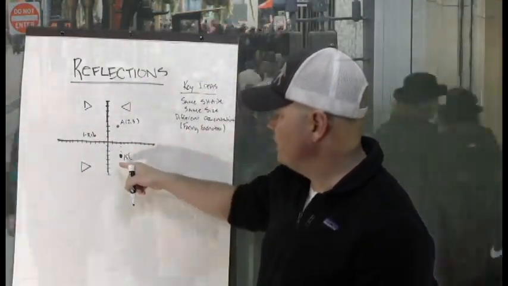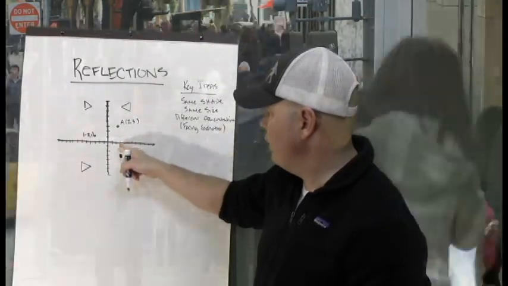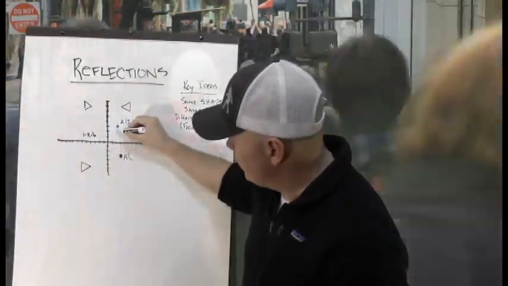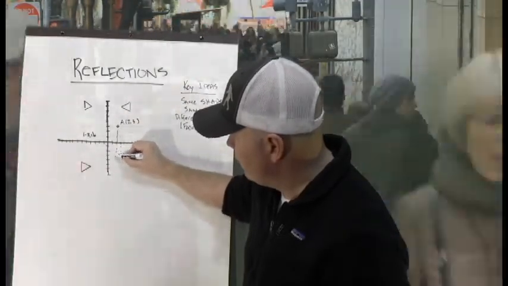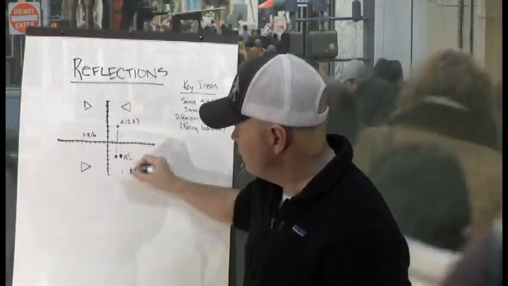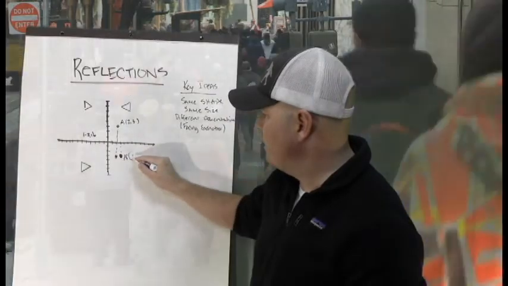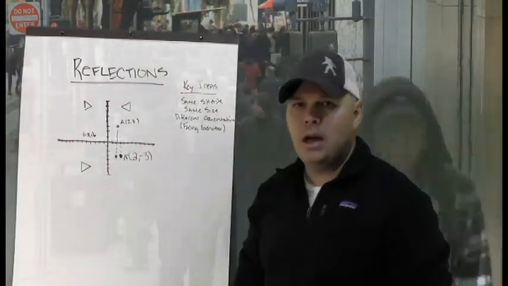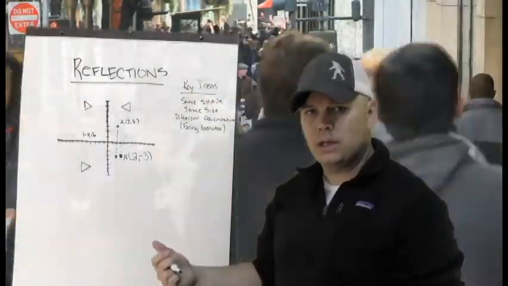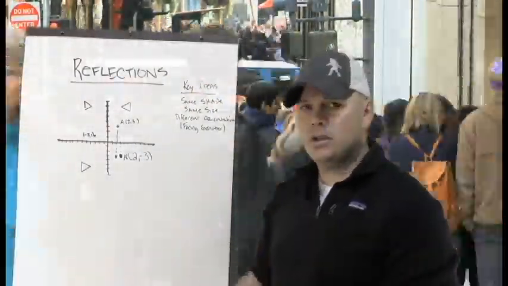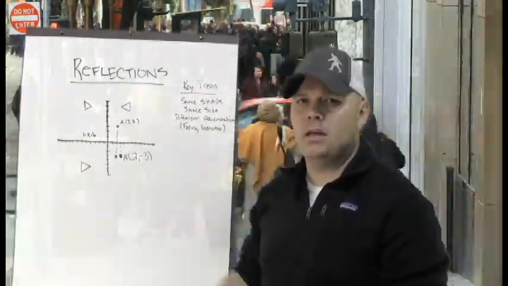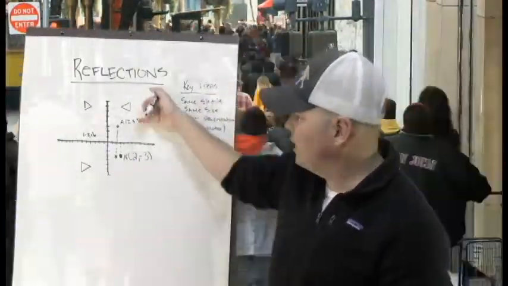And A prime in this case is going to be at, oh sorry, I went down. I did that badly. I went in an angle. So my A prime is going to be still at 2, but now it's at -3. And when we talked in class, we did that little protest song where we're like, when you reflect shapes across the x-axis, the x stays the same and the y gets flipped. Okay, that's all that's happening here.